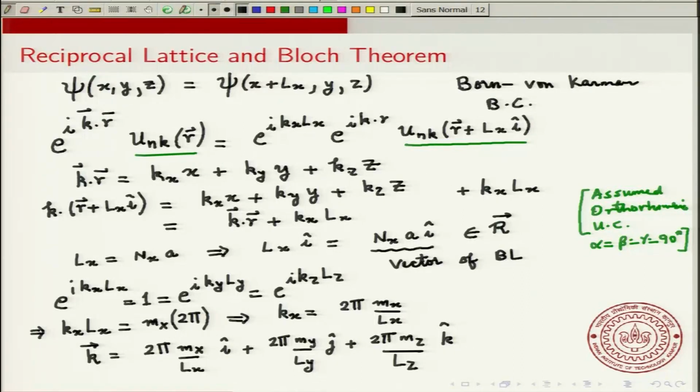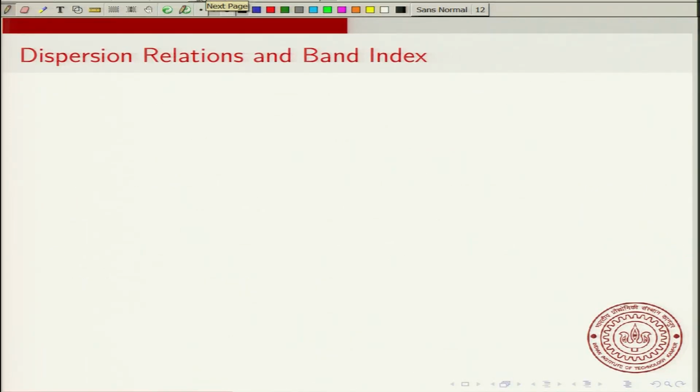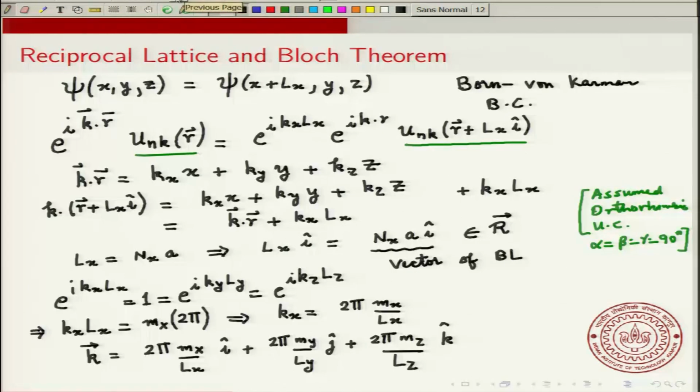Now let me go to the dispersion relations and the band index. What this says is about your wave vector. Usually you would expect Lx to be quite large, and nx to be a very large number, so the crystal is likely to be very big. So your mx by nx will be a very small fraction.